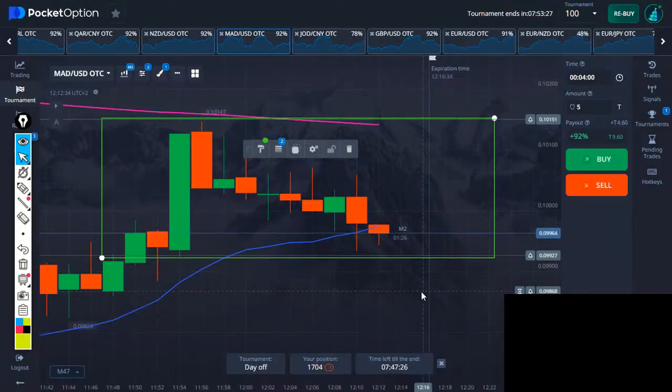I need an engulfing candle or a pin bar with an upper wick. However, it's rejecting, so let's see.